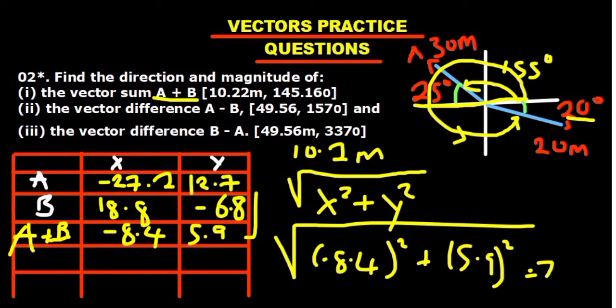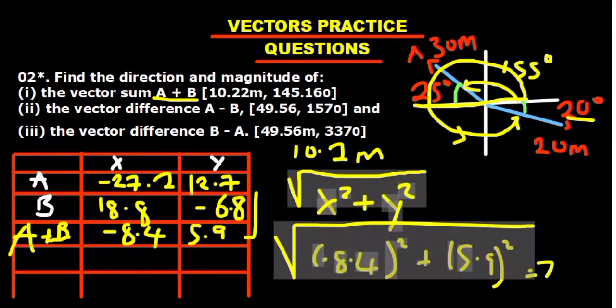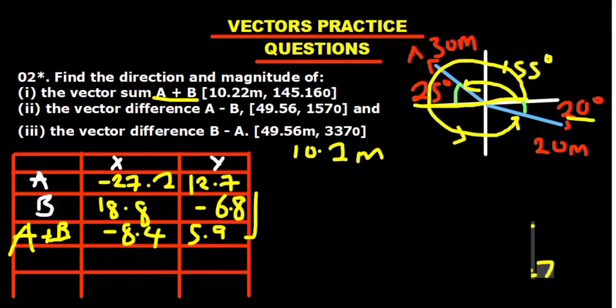So we found the displacement. How do we get to find the angle? So equally here we'll do the same. For the angle we will use tan theta. So for us to find the angle, theta is going to be equal to tan inverse y over x.